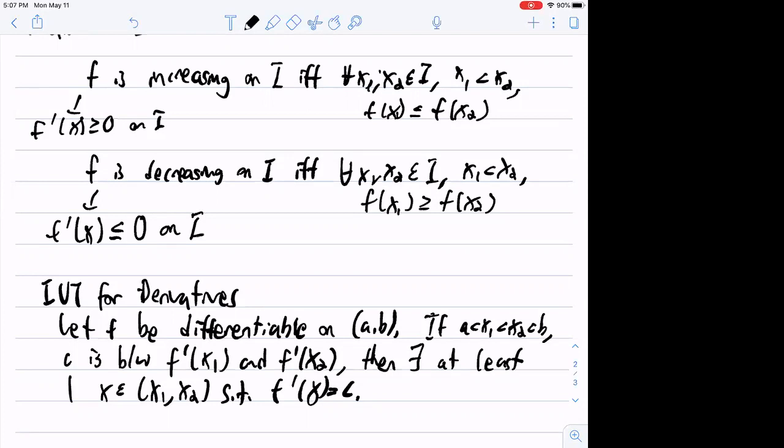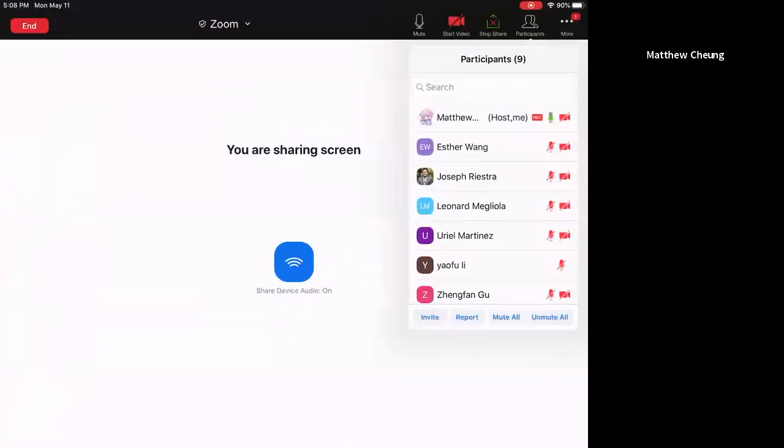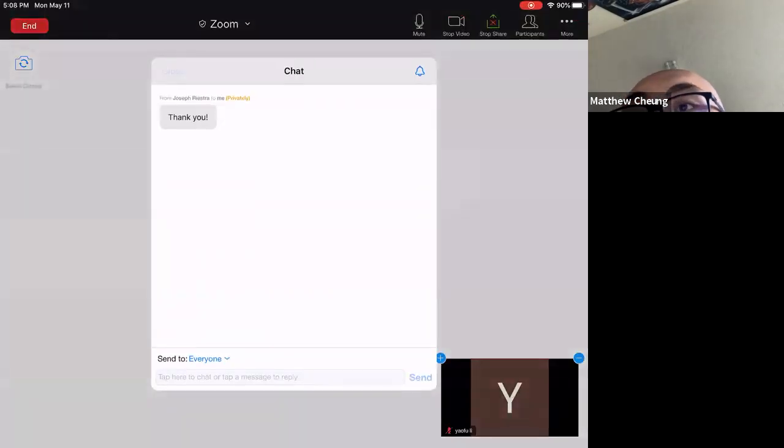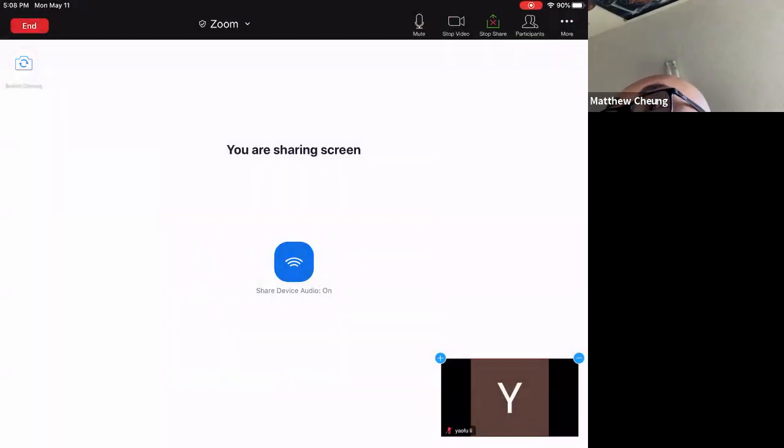Can anyone tell me, is it right or wrong to just say f prime satisfies the intermediate value theorem instead of writing this long second sentence? Any ideas?